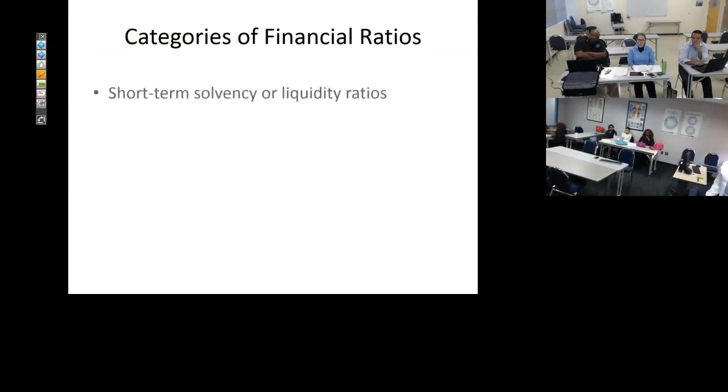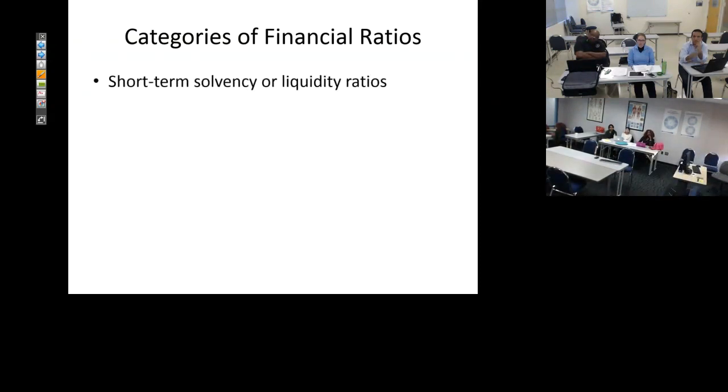Now, there are different categories in the ratios, financial ratios. One of the categories, what we call the short-term solvency or liquidity ratio. So what is solvency? Anyone? Solvent, when we say somebody is solvent.